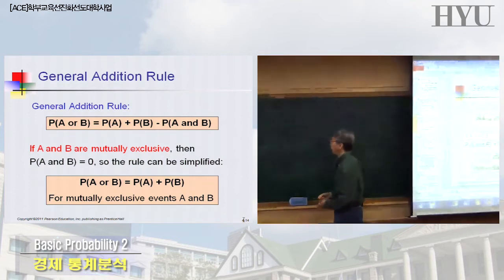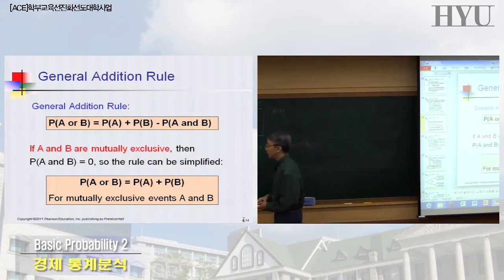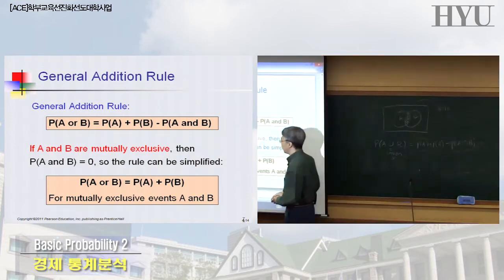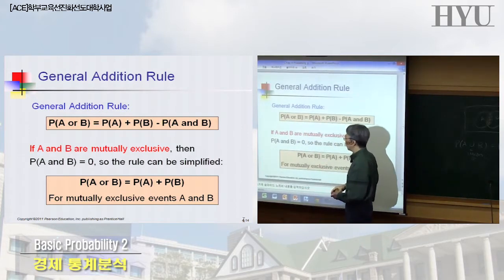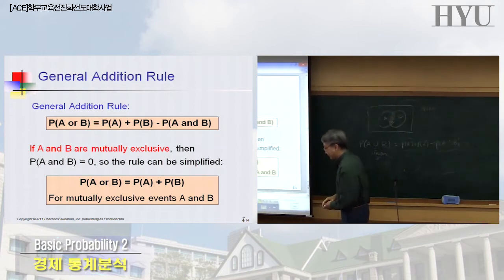That's why we are subtracting that area once. That's what we call the general addition rule in probability. So probability of A or B, or A union B, is equal to PA plus PB minus the joint probability between A and B.